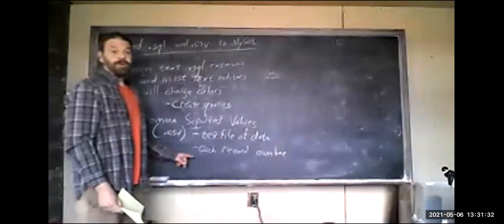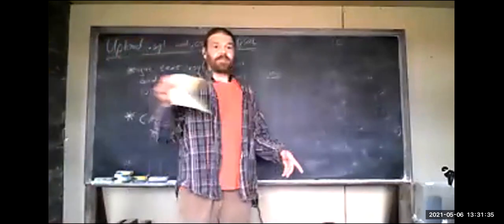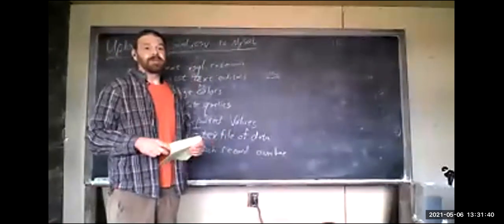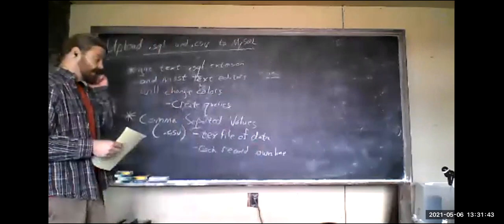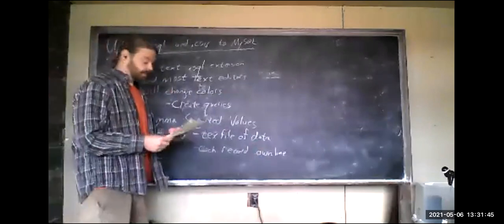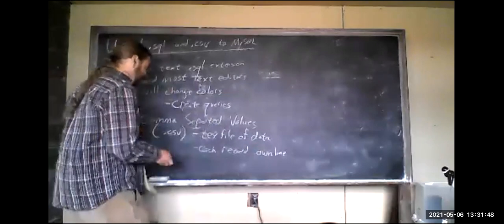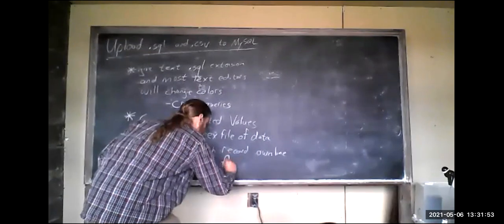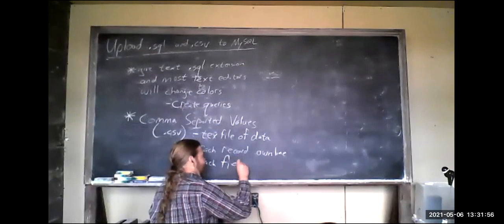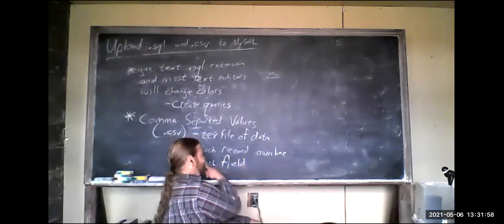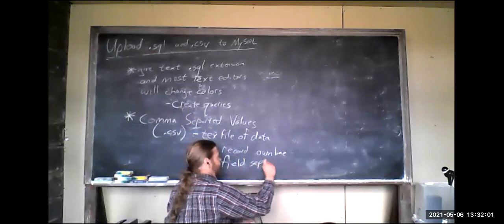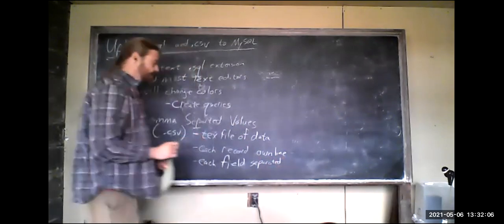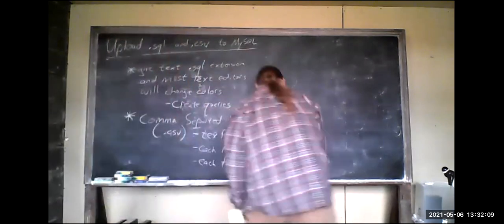So if we have, say, 4 fields in our database, we'll have the 4 fields for one record of data, then we'll hit enter and have 4 fields for the next record of data and just continue that. So it kind of looks like a table. And each field is separated, and in parentheses I'm going to put, by commas.